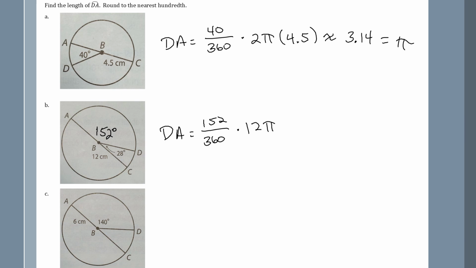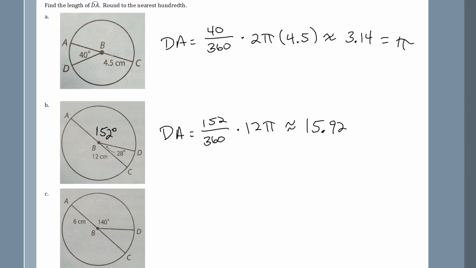So again, we set this up. 152 divided by 360 times 12 pi. I got 15.917, which becomes 15.92.